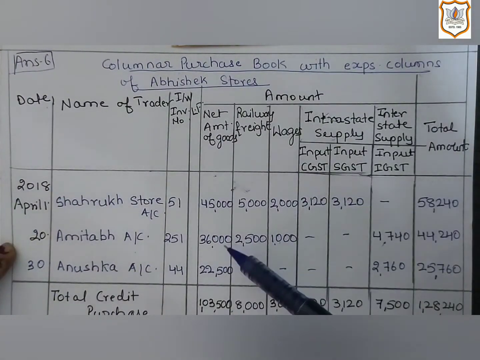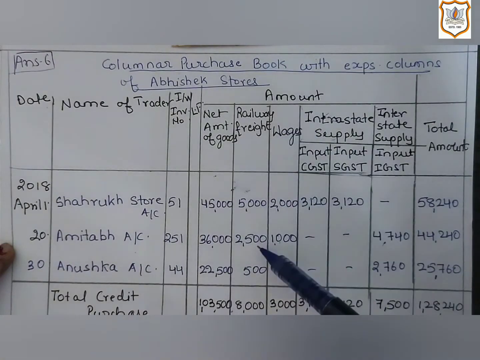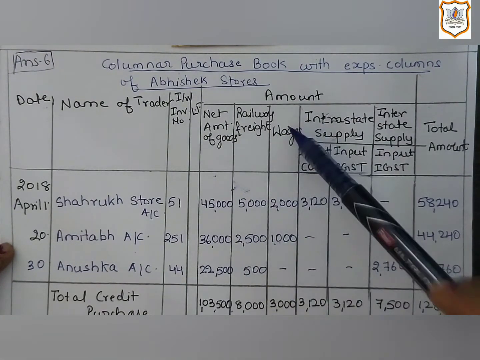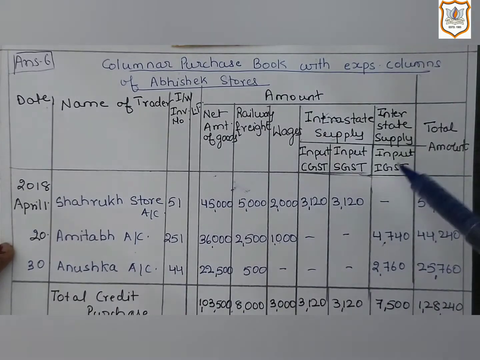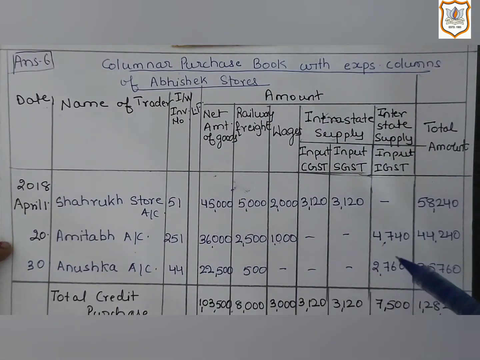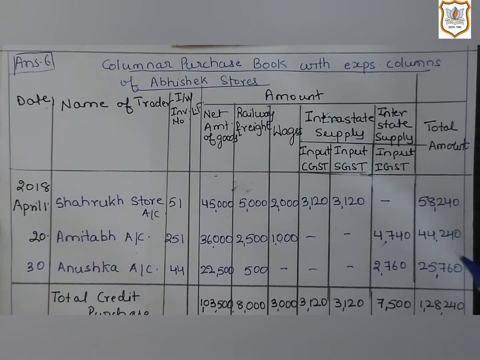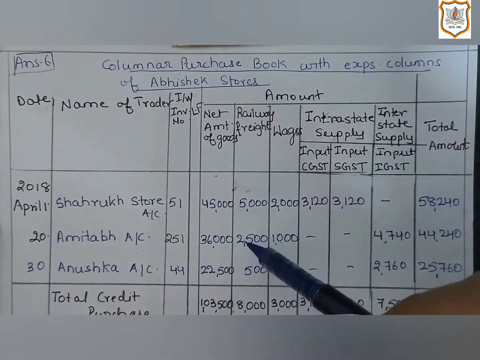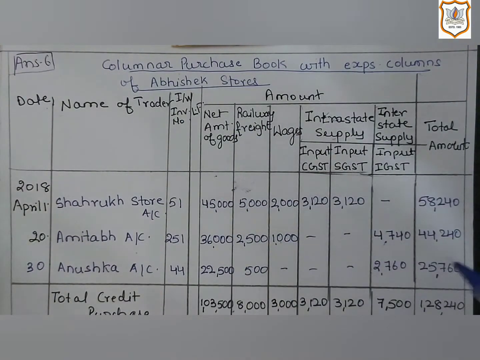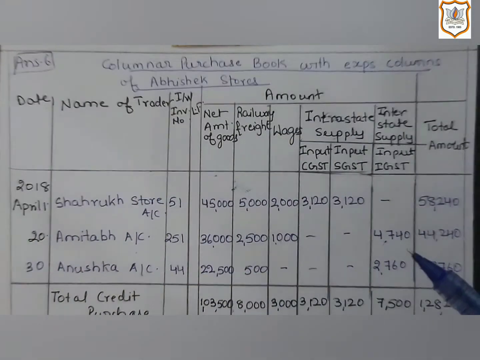Now you have to add up these amounts of this row, that is 36,000, that is net amount of goods, plus railway freight 2,500, plus wages 1,000, plus input IGST 4,740. Total of all these amounts is 44,240. That means we have to pay 44,240, which includes net amount of goods plus various expenses, to Amitabh, who is supplier of goods.